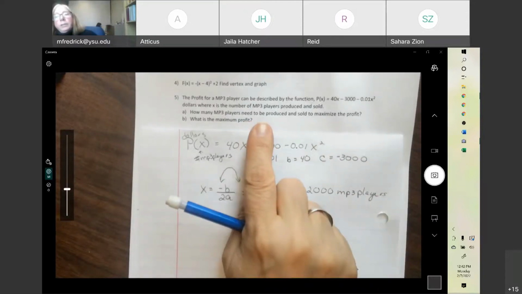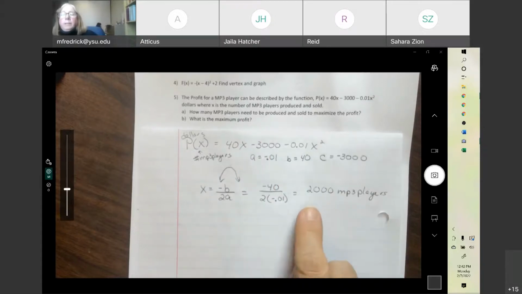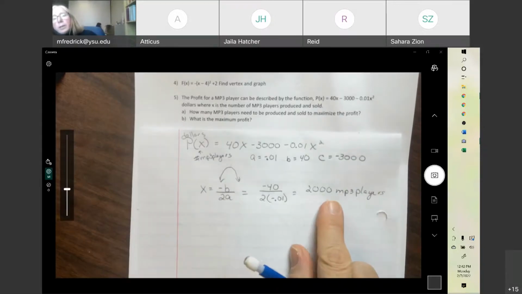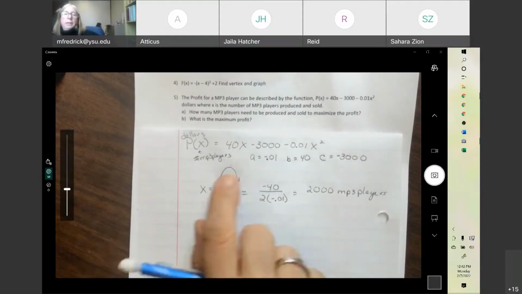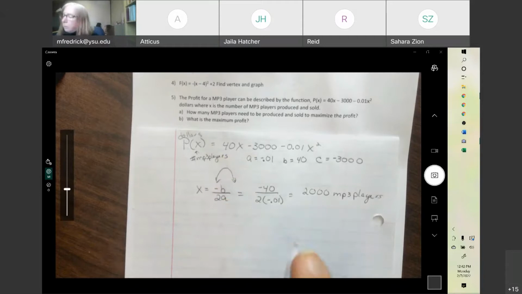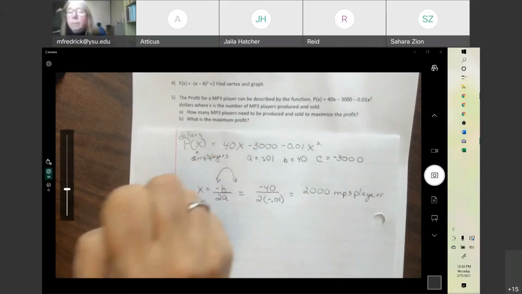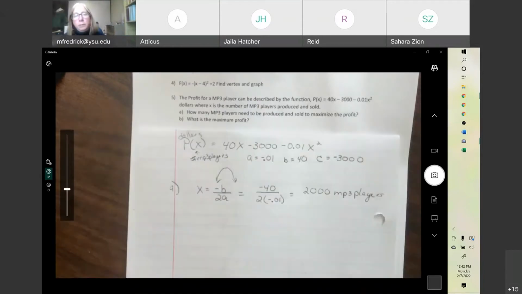So in order to reach a maximum profit, we need to produce and sell 2,000 MP3 players. Because X was the number of MP3 players. Any questions on that?